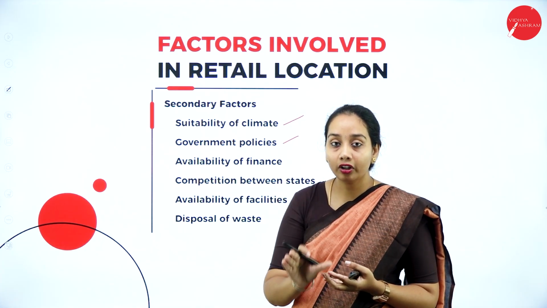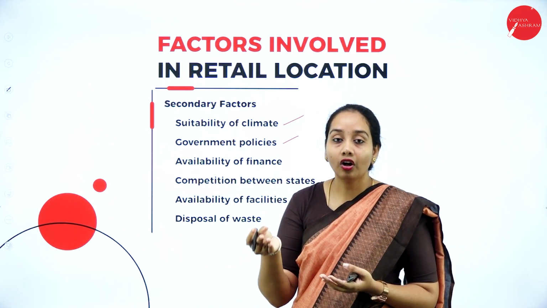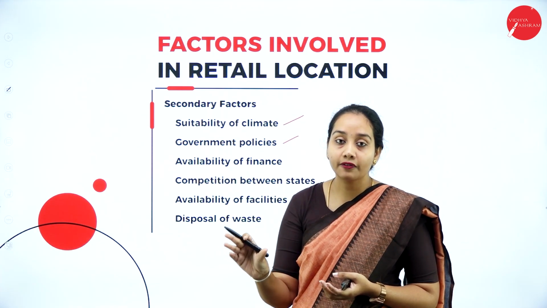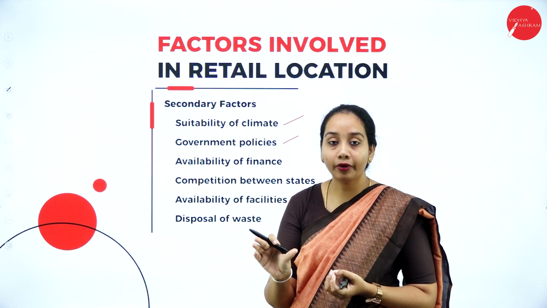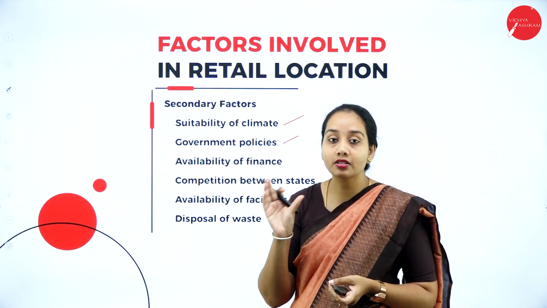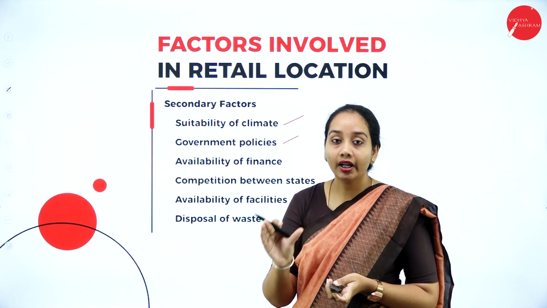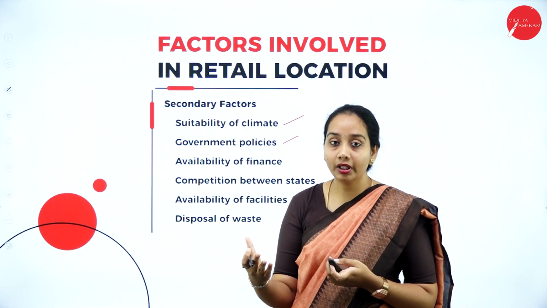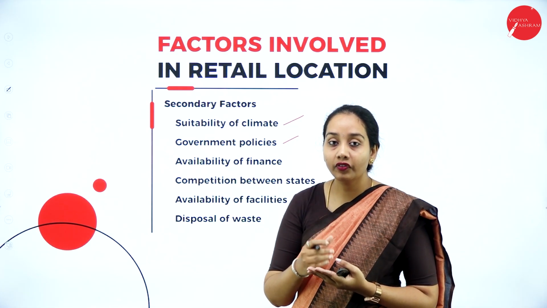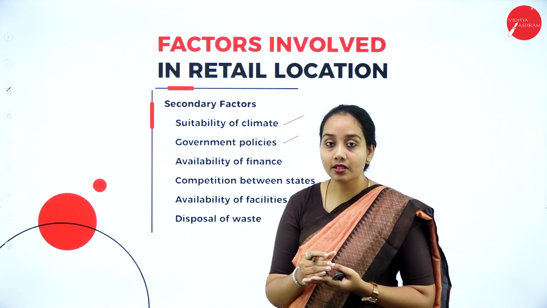Because this allotment of land and subsidies or any kind of legal aspects is carried out by the government itself. So government also plays a very important role in selecting a retail layout or a factory layout, because based on the government policies itself, a retailer needs to regulate the company policies and so on. So that is why government is also one of the important factors that needs to be considered here.